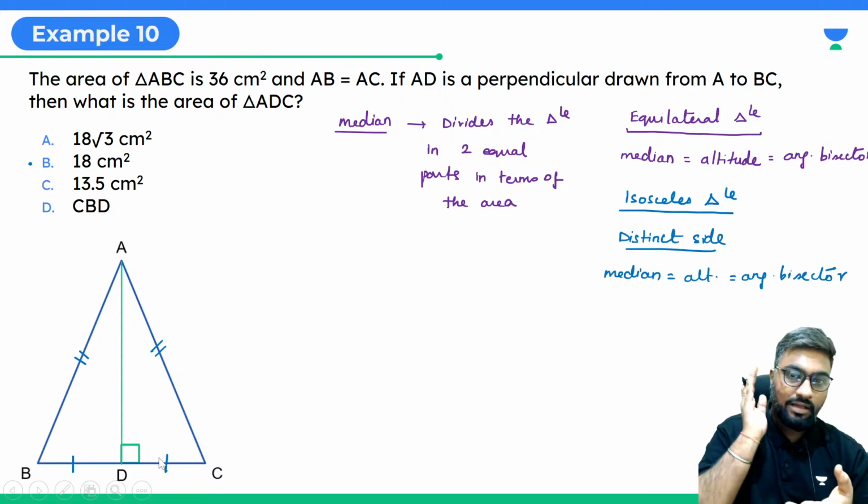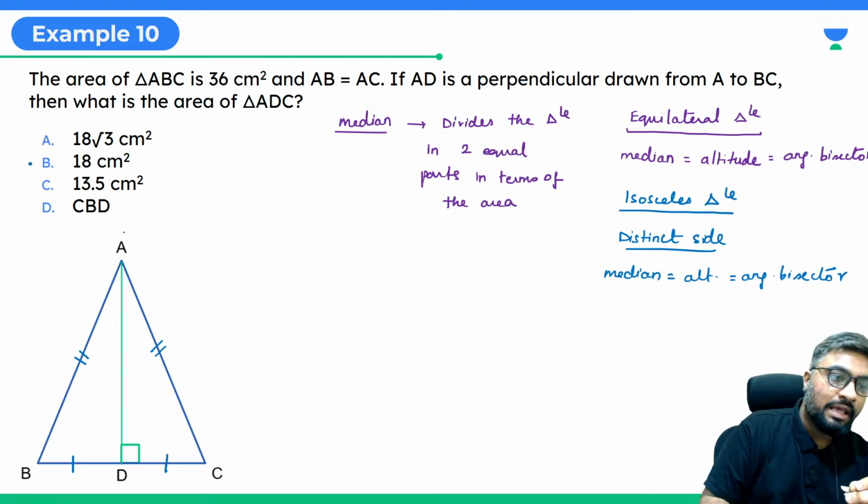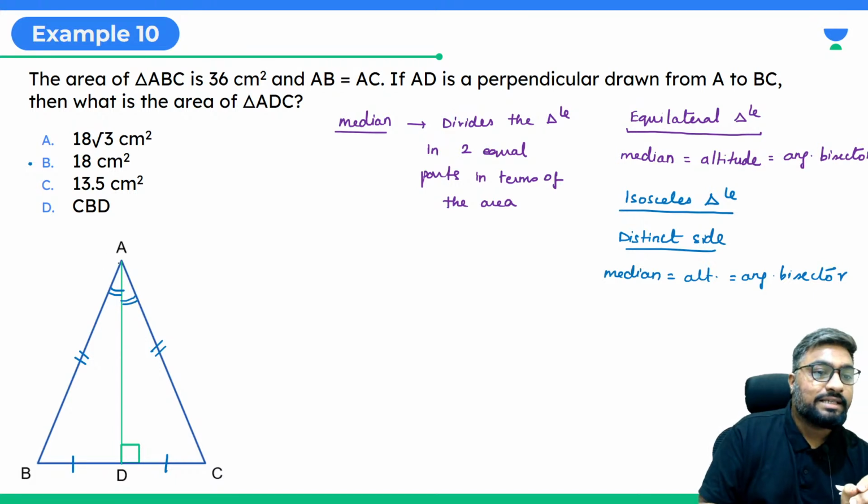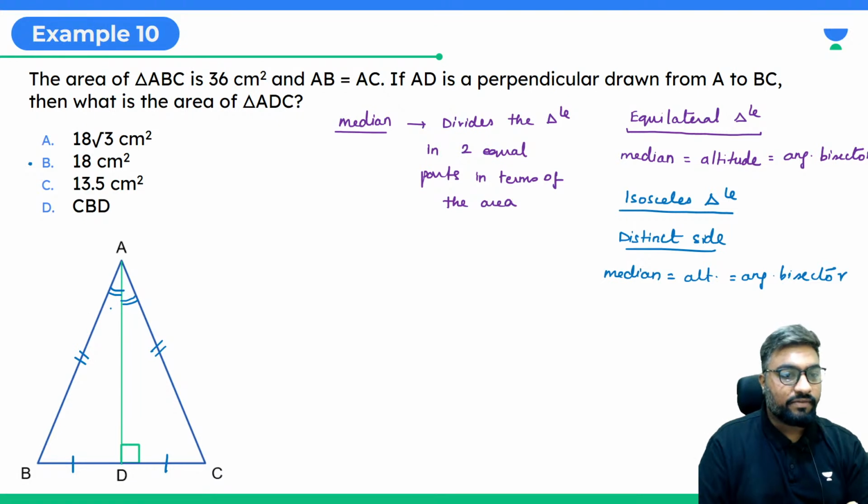Median मतलब क्या, हाफ कर देता है साइड को, एंगल्स को भी ये इक्वली स्प्लिट करता है. Yes, as well as it is perpendicular. समझ में आया? तो perpendicular भी है, median भी है, तो उसे हाफ में स्प्लिट कर देता है opposite side को, and it is angular bisector also, मतलब क्या, एंगल को भी हाफ हाफ कर देता है.